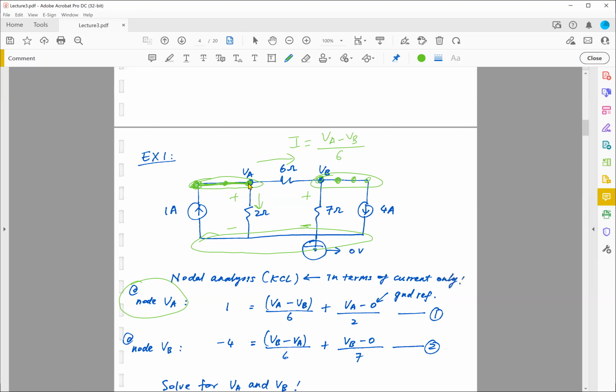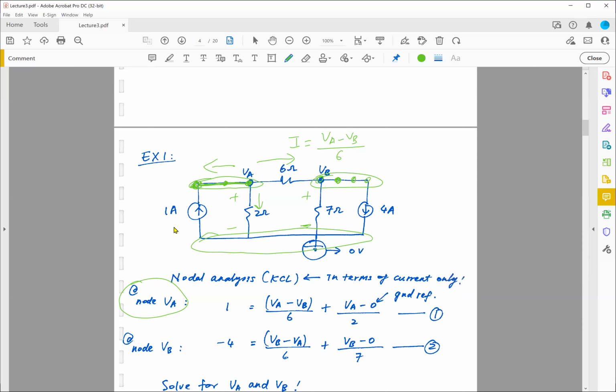If you look, this node is shared by 3 branches. Since I have 3 branches, you expect to see 3 terms. So we have 1, 2, and we still need 1 more term. Now, if I do the same and assume the current is leaving the node, then I need to know the current flowing from right to left, or flowing out of this node going to the left.